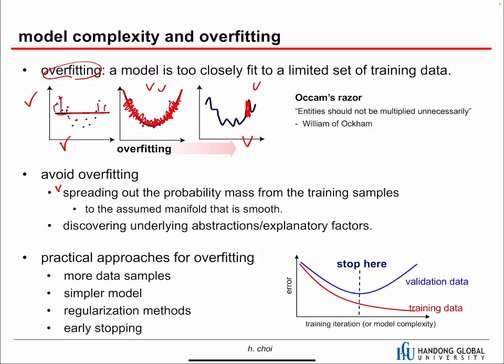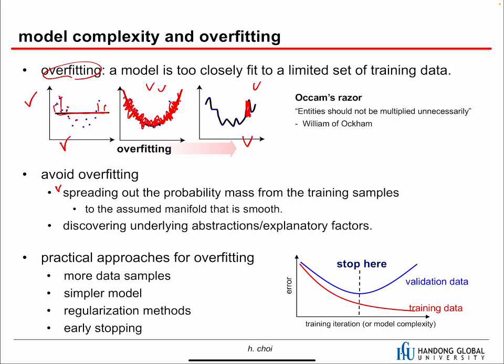So we can assume that the data manifold is smooth. But when we measure some samples, these samples have some noise, so it looks like the data manifold is bumpy. But if we have a lot of samples, then probably we will see this smooth manifold.